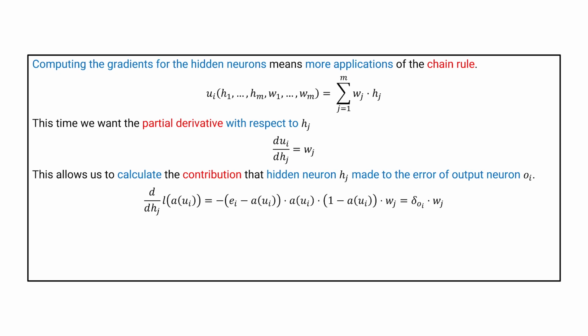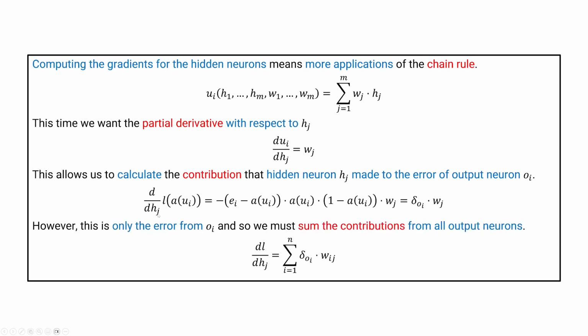Okay, so this is the gradient. This was just the derivative of this u function with respect to hj, but multiplying it all together just means applying the chain rule again. Every time we apply the chain rule, we multiply another term onto this big long derivative chain. And so now we've got the derivative of the whole loss function with respect to hidden neuron j.